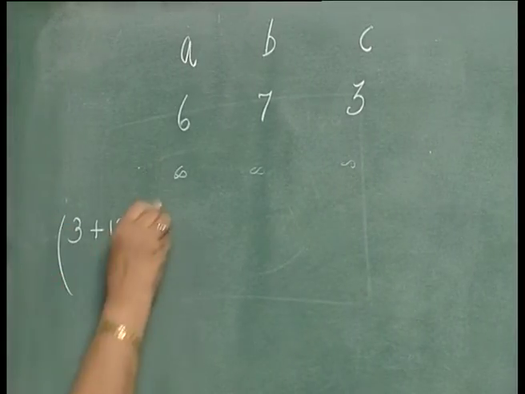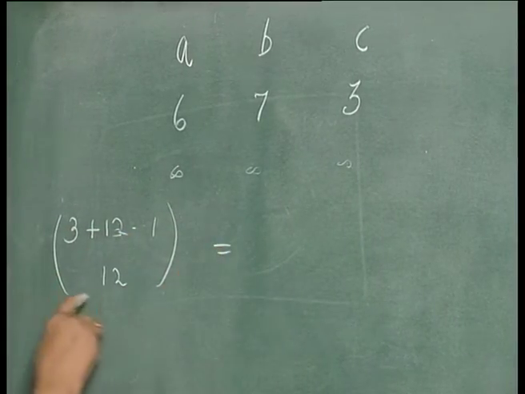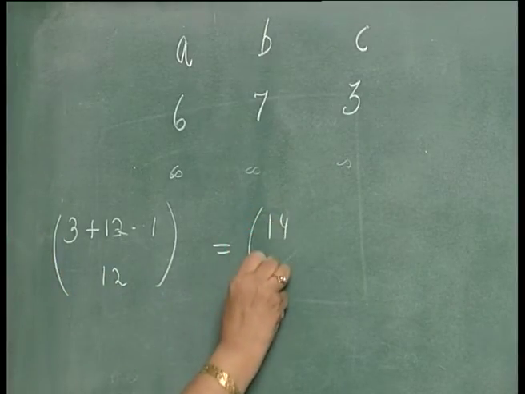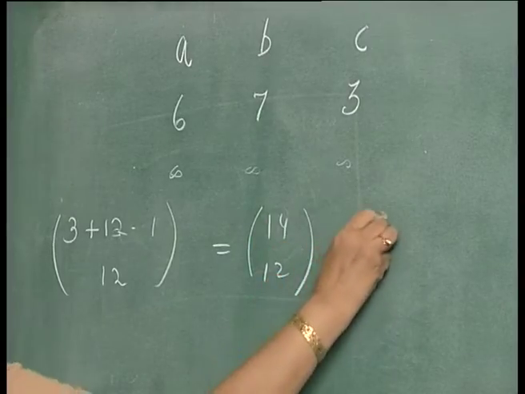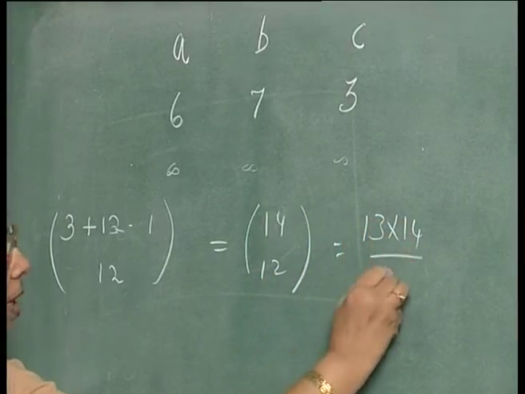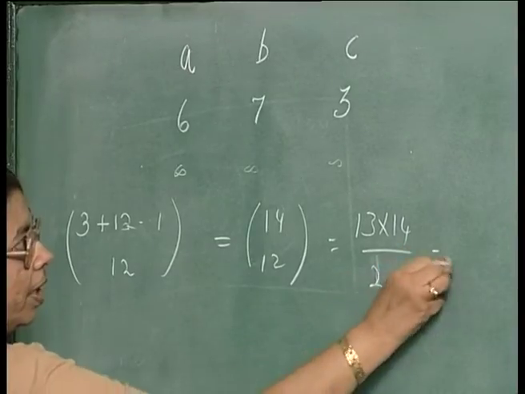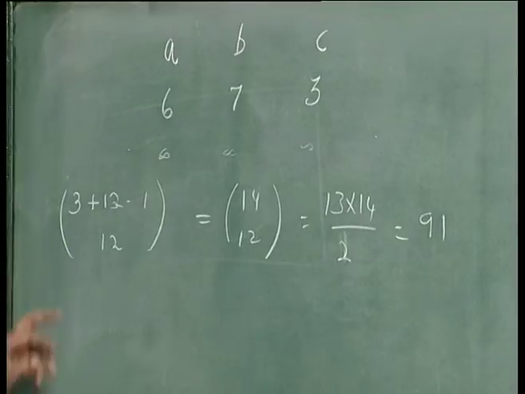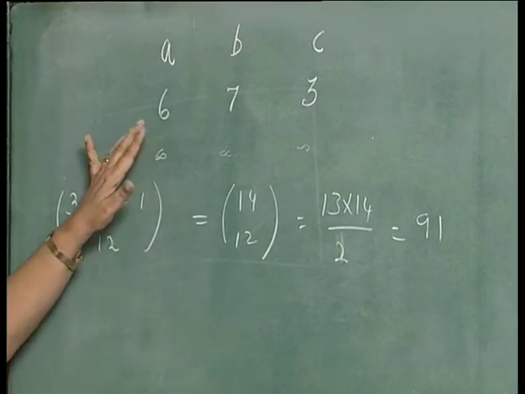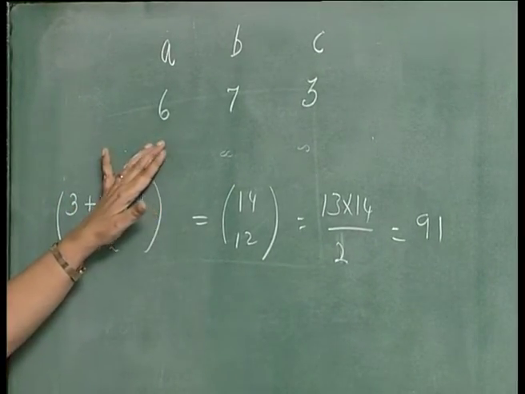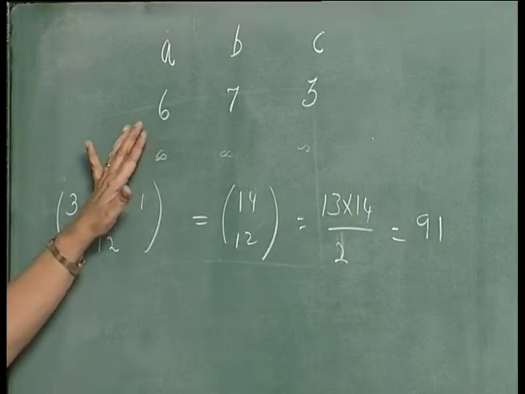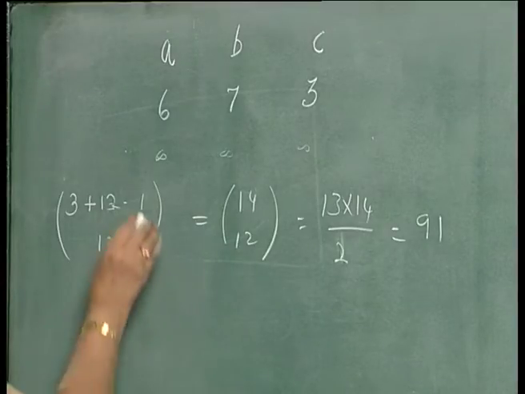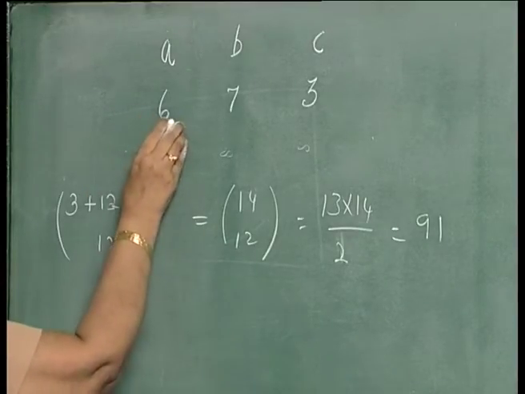That is without any limitation, if you repeat, this is given by this formula, this is 14 choose 12, which is equal to 13 into 14 by 2, that is 91. But I can have only 6 A's, I cannot have more than 6 A's. So, suppose I have 7 A's, I have to subtract those selections where I have 7 or more A's.